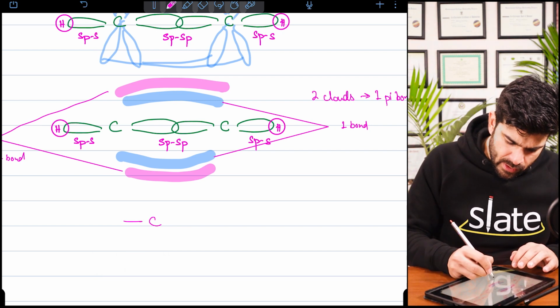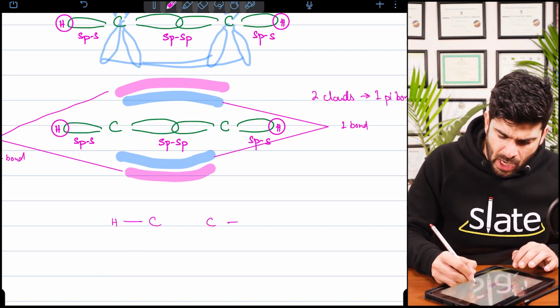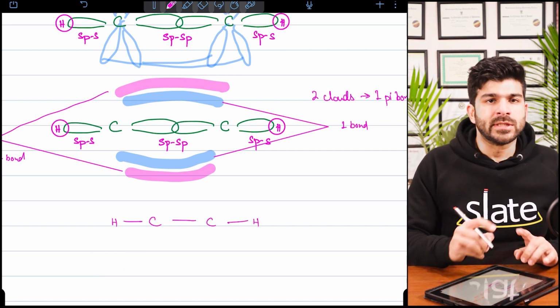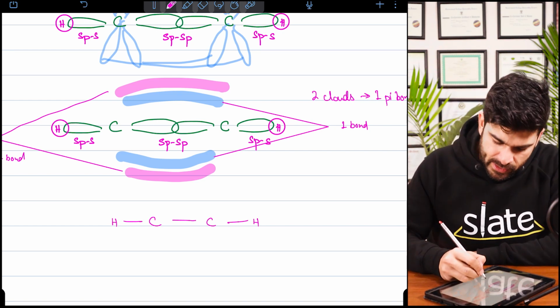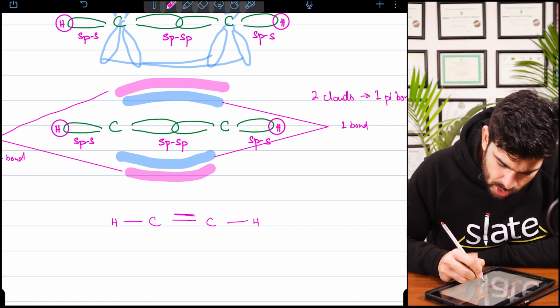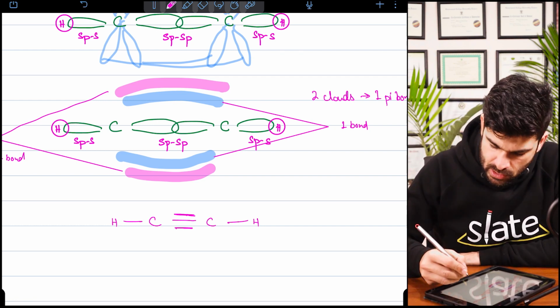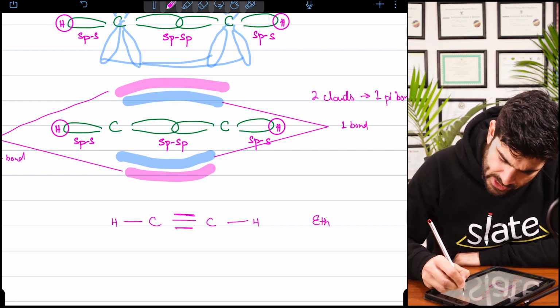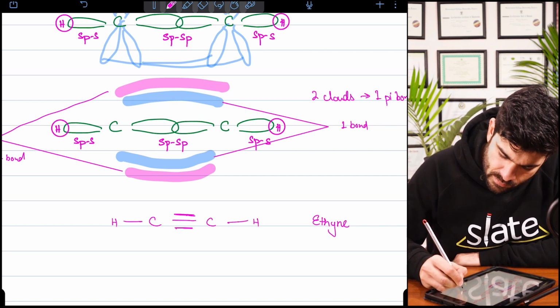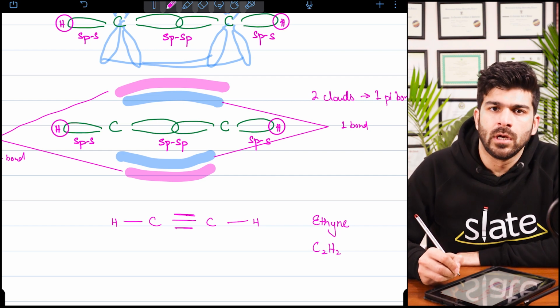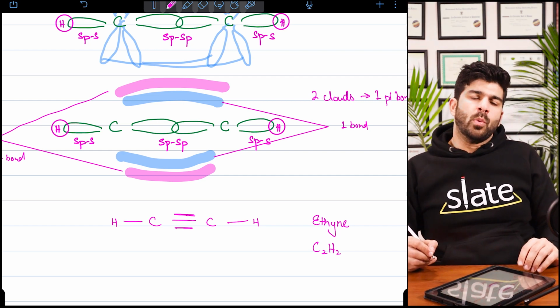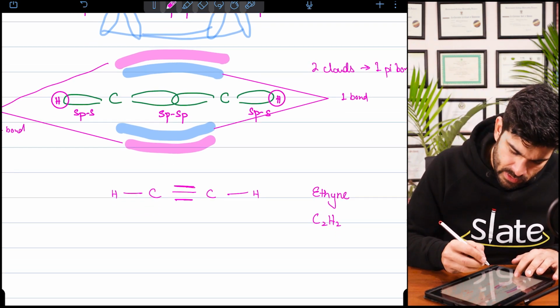We have one carbon-carbon bond, single bonds with hydrogens, and two more bonds because there were two p clouds. So this is ethyne, C2H2.